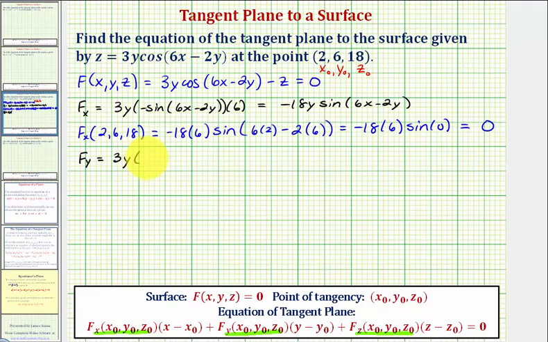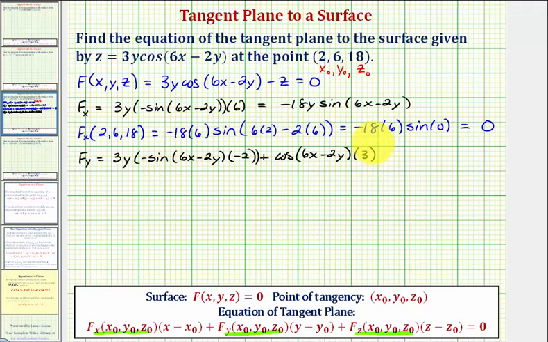So we'd have negative sine of 6x minus 2y times the derivative of 6x minus 2y with respect to y, that'd be negative 2, plus the second function, which is cosine of 6x minus 2y times the derivative of 3y with respect to y, that'd be 3. Then, of course, the derivative of z with respect to y would be 0.